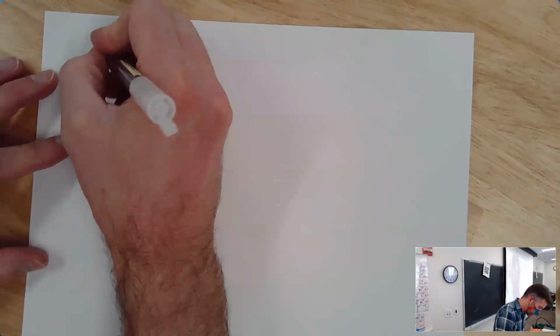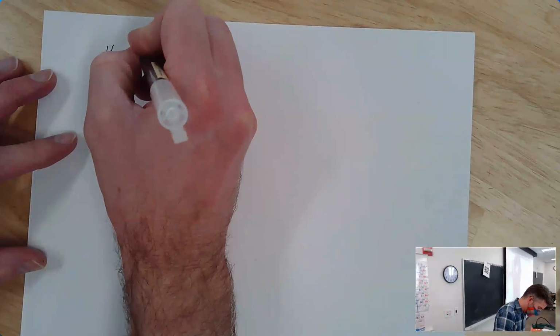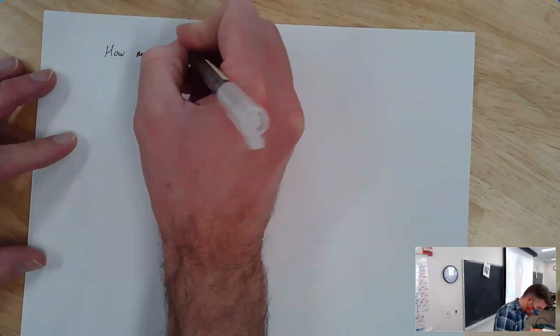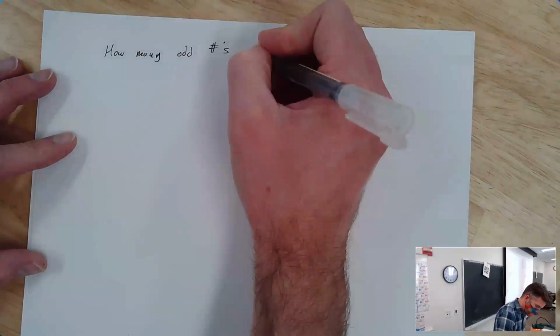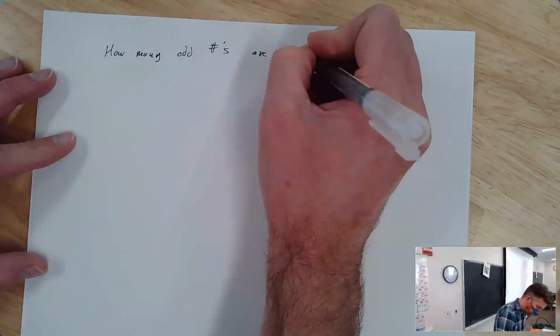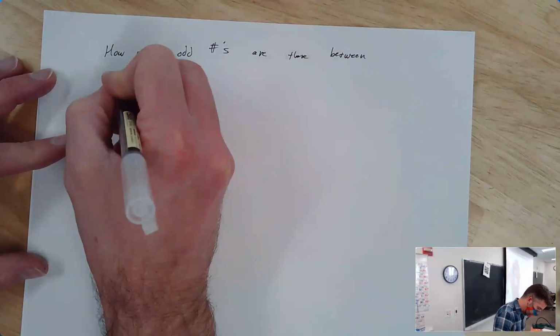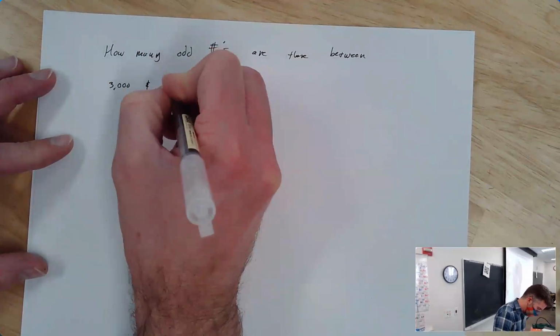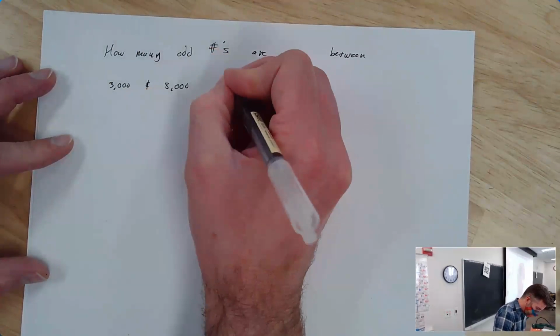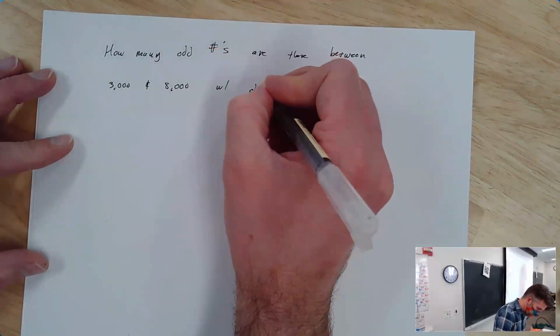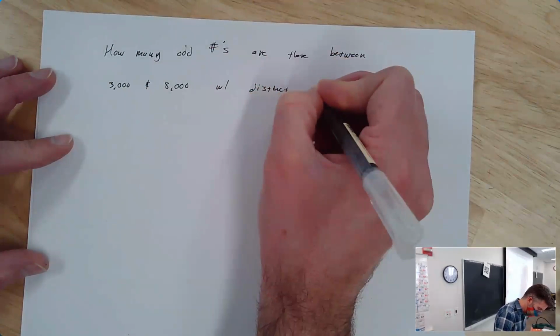How many odd numbers are there between, let's say, 3,000 and 8,000 with, again, distinct digits?